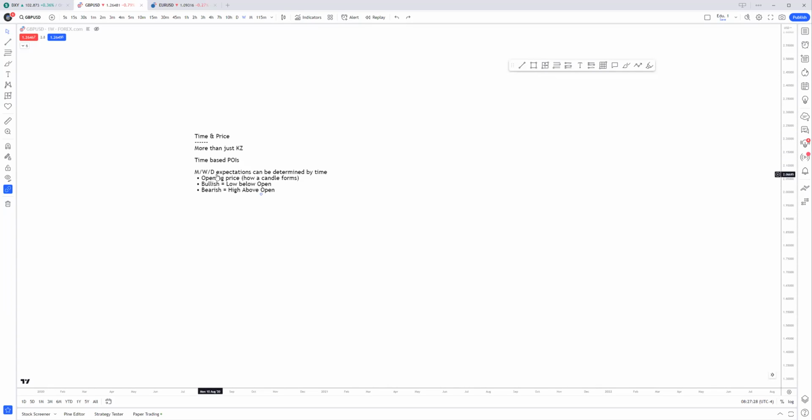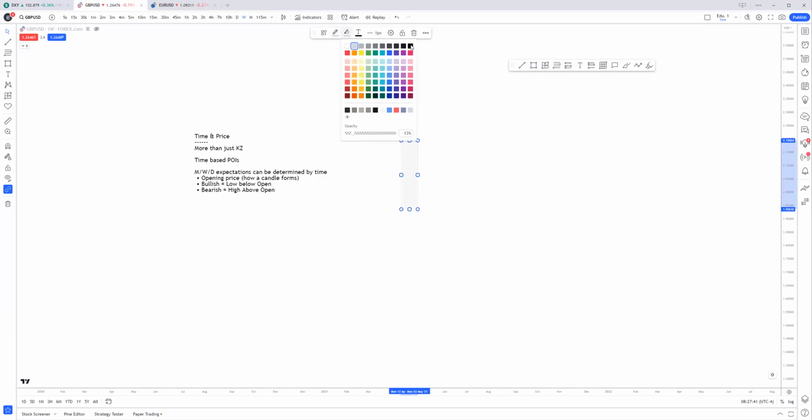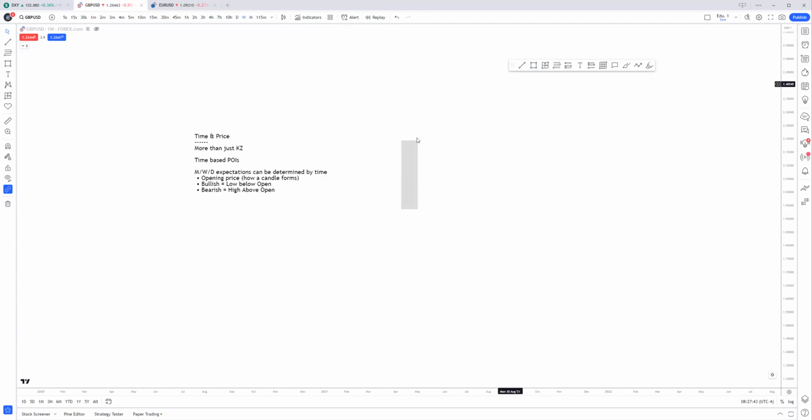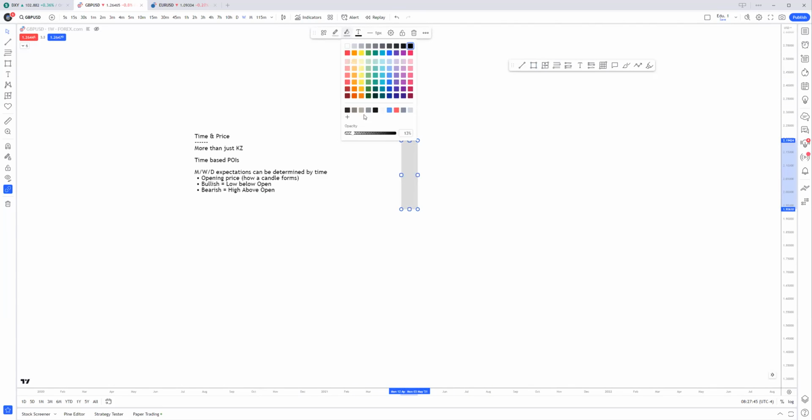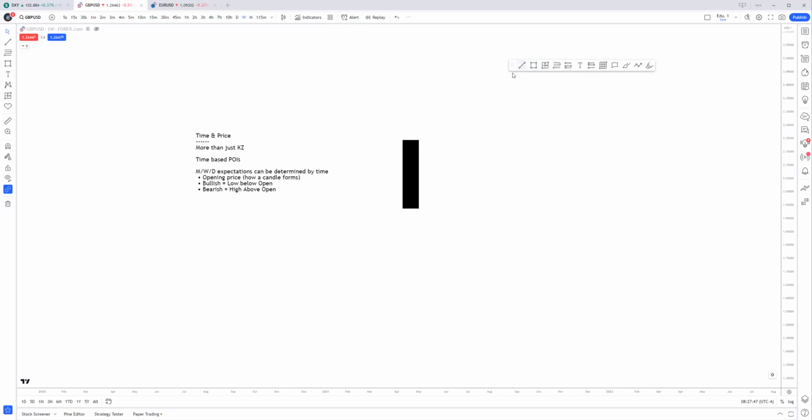The monthly, weekly, and daily expectations can be determined by time. So this is the opening price and how a candle forms. In a bullish scenario, imagine this is a daily, weekly, or monthly candle.